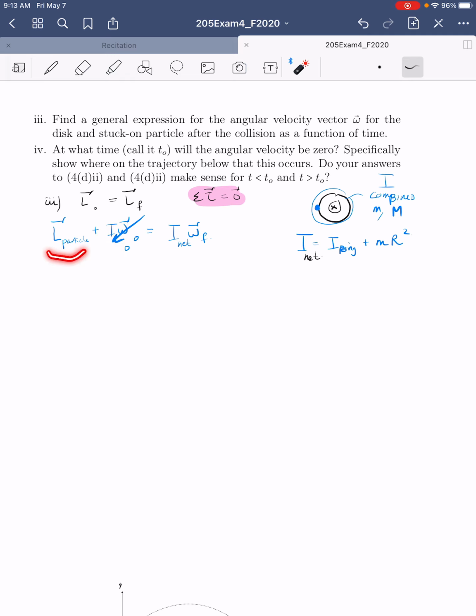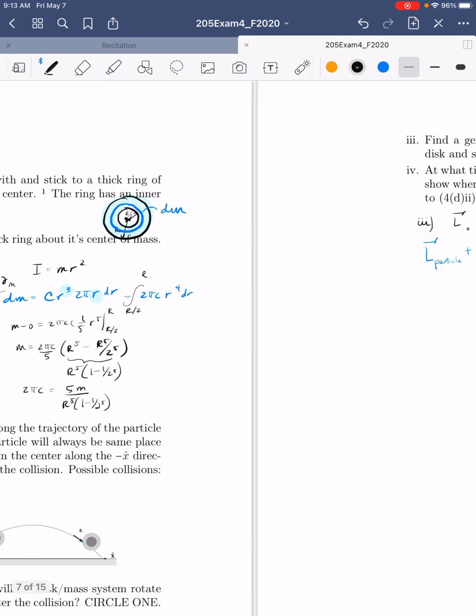So the angular momentum of the particle before, as it's coming in, equals the angular momentum after the collision of the combined mass. Now I have to be careful here because what I've done is to define the moment of inertia with respect to this axis right here, which means that all of the angular momentum is also defined here for omega final and everything. So normally when I had talked about the angular momentum of the particle, I had actually found it before. Let's scroll back.